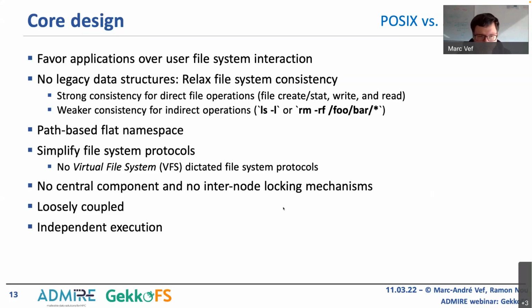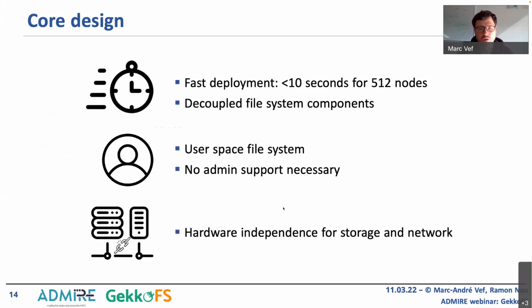Of course, you can still use them, but they're not represented in the same way as for normal file systems. When we have a path, you see what the directories are by looking at the path. Further, we can simplify the file system protocol if we're not part of the VFS. And I've already talked about no locking and no central component. So this is for the scalability part.